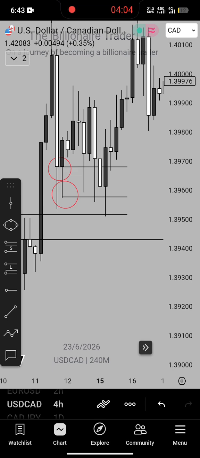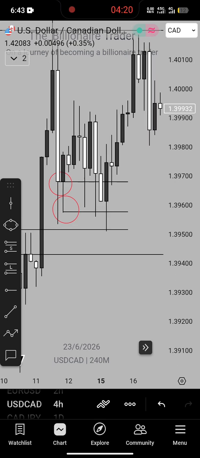Some people may say that on 4 hours we need to wait for a sweep or a breakout before we can continue the buy, that on 4 hours, that is what is going to confirm our directional bias. For me, based on what I've learned from the market, based on my chart study, I discovered that we can also use invalidation of opposing key level as a signal to confirm our directional bias.